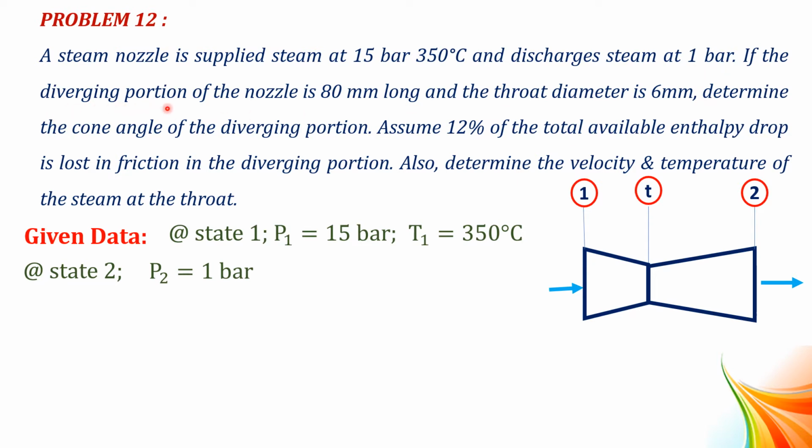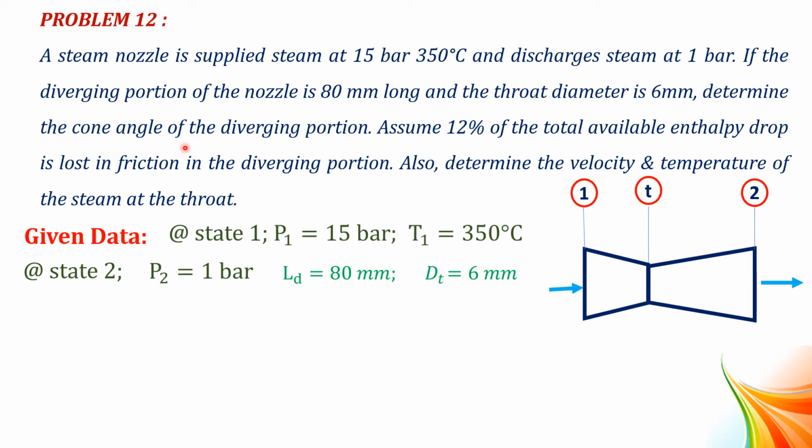If the diverging portion of the nozzle is 80 millimeter long, so the distance between T and 2 is 80 millimeter. The throat diameter is 6 millimeter. The diameter at this portion dt equal to 6 millimeter.